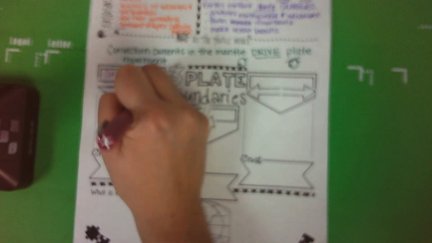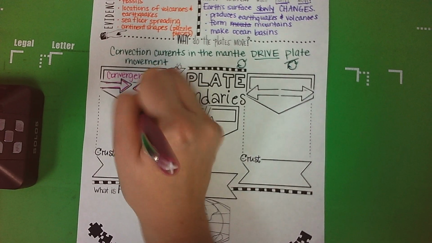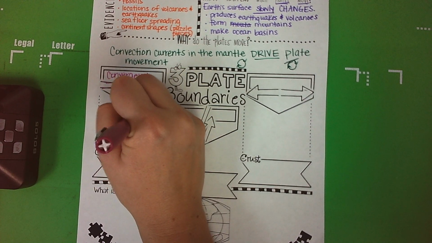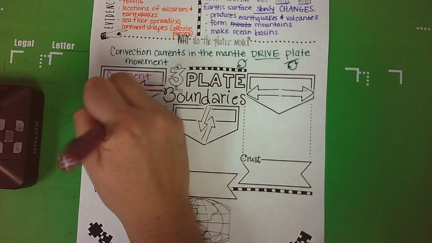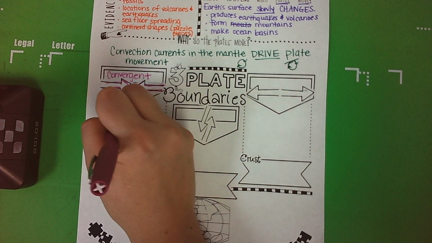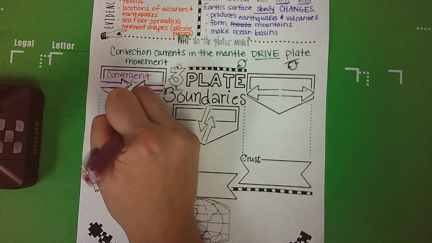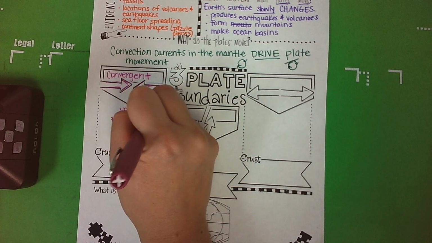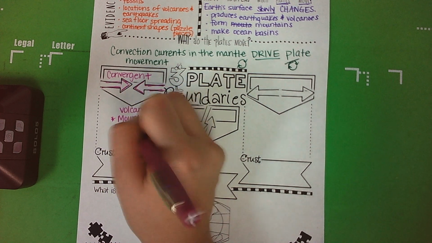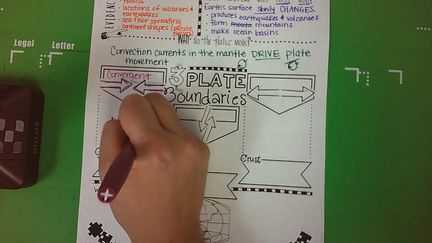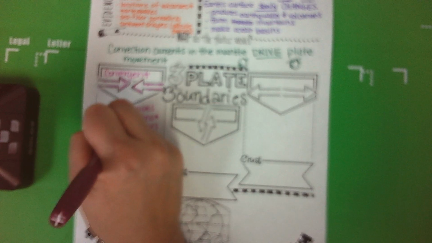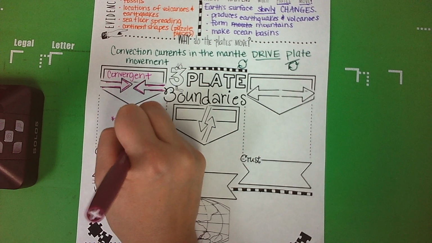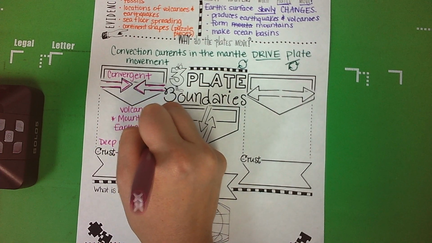There can be volcanoes, mountains. These are the most common kind, so I'm going to put, alright, earthquakes. This is all possible, okay? You can have islands formed and deep ocean trenches.